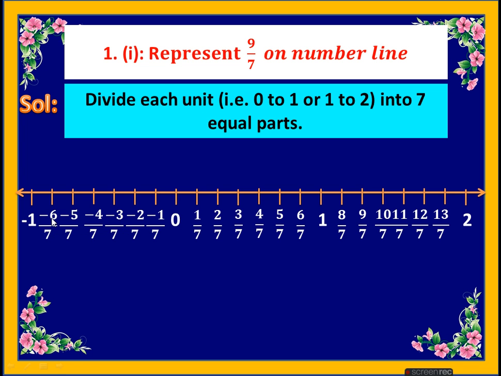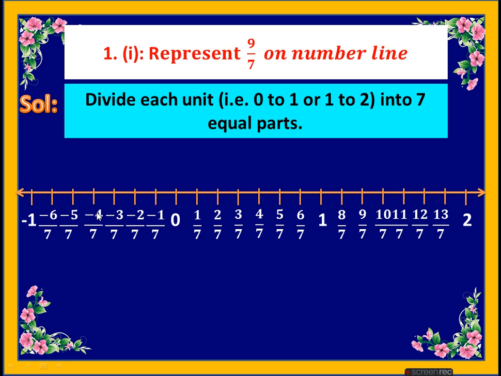So we observe that for the negative numbers towards the right side, the numerators are decreasing. Decreasing numerator means the number is increasing, because of the sign. -6 by 7 is less than -5 by 7. -5 by 7 is less than -4 by 7.